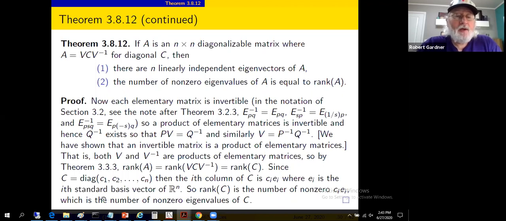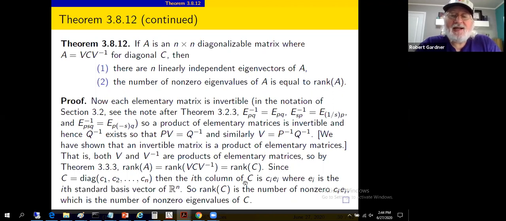All right. We had C as a diagonal matrix with eigenvalues listed along the diagonal repeated according to multiplicity. So what's the rank of C? Well, every time you hit one of these diagonal entries that is 0, you got a whole column of zeros. So that's where the 0 eigenvalues come in.